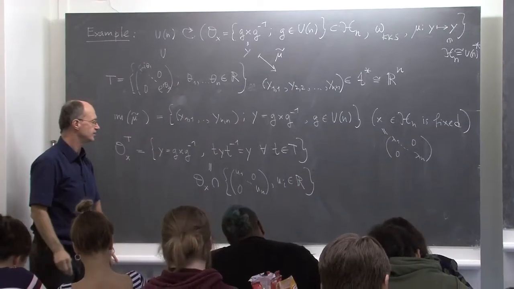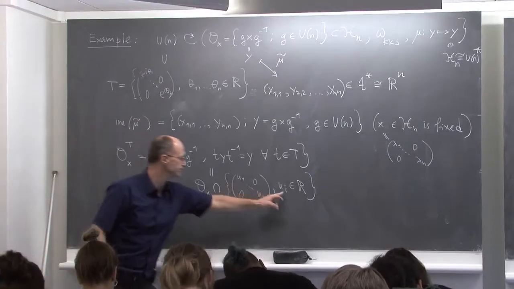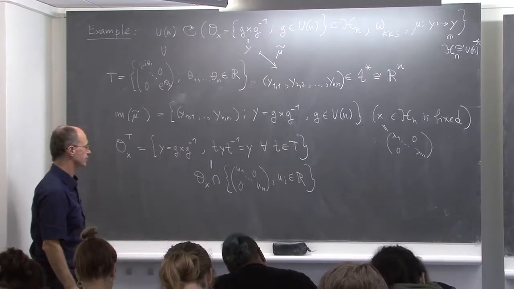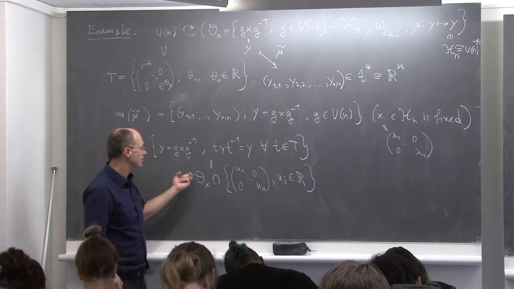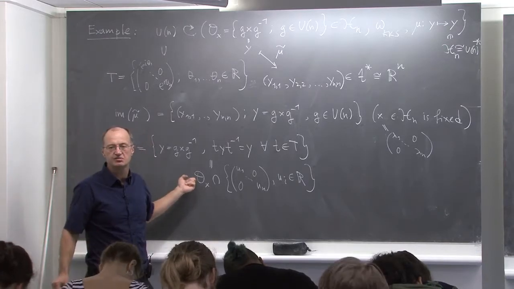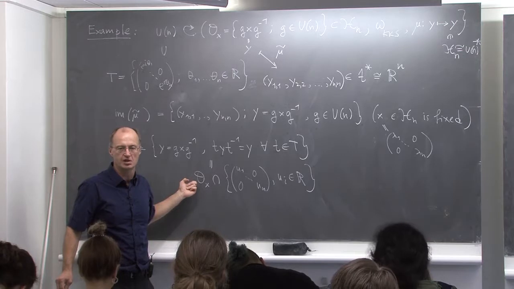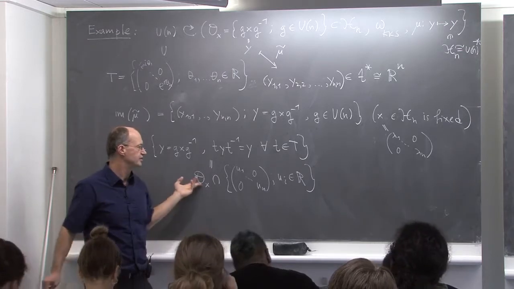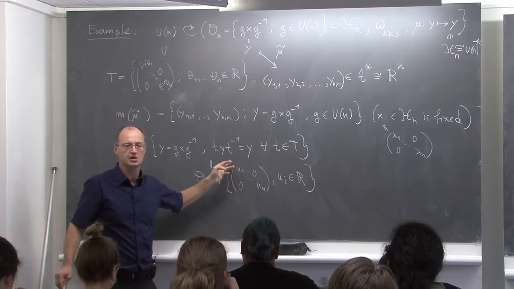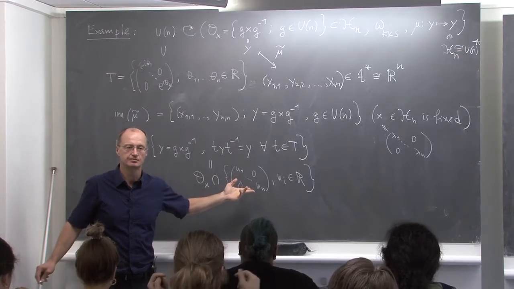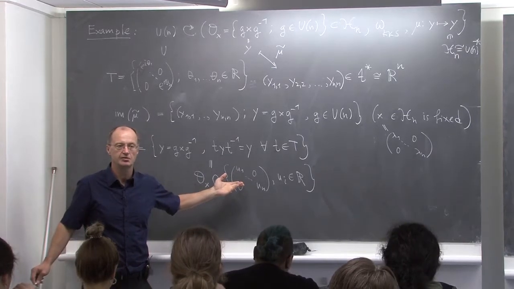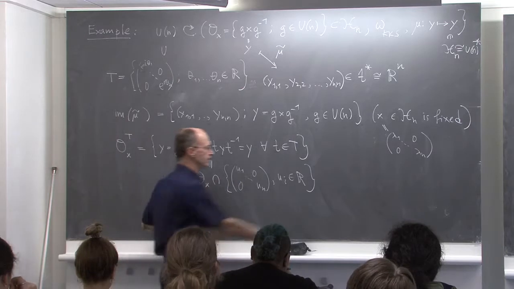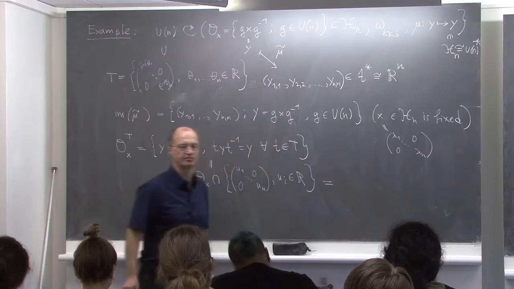So these are diagonal matrices with real entries on the diagonal. Now, O_X, these are matrices with fixed eigenvalues. Now, what are the matrices with fixed eigenvalues which are diagonal? There are not that many. So what is this set?